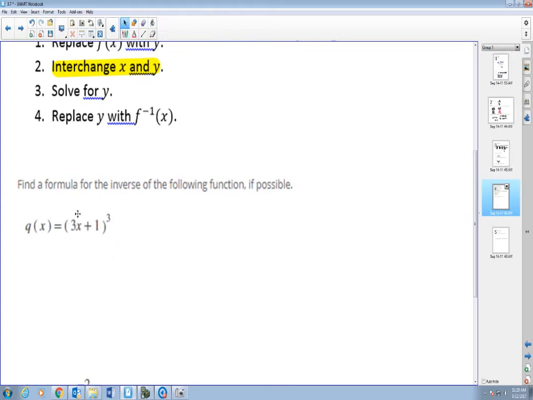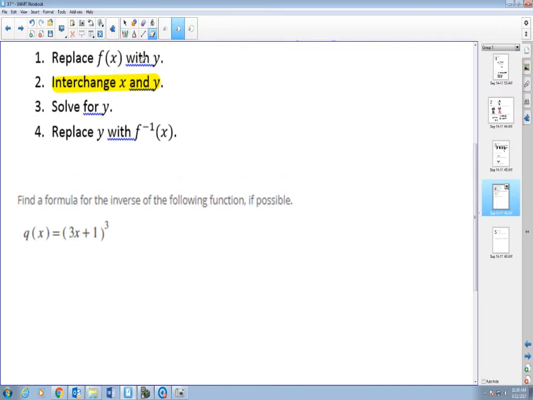So, this is a cubic function. As you can recall, a cubic function looks something like this. If I draw a horizontal line through it, it is one-to-one. So if it's one-to-one, then I can find its inverse. The first step of the formula, replace q of x with y equals.